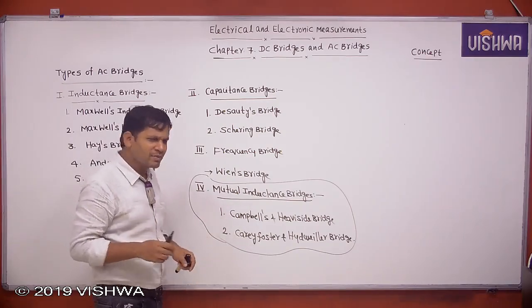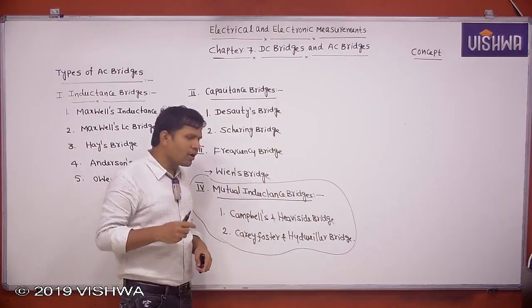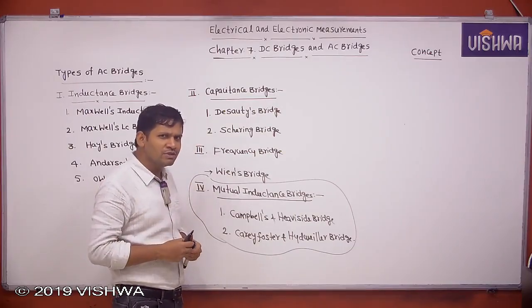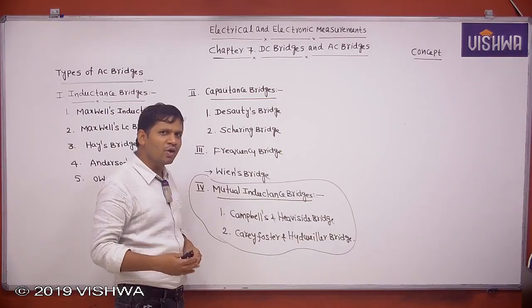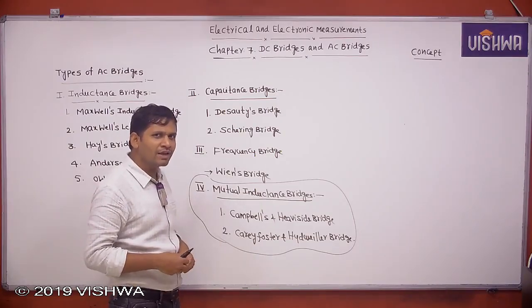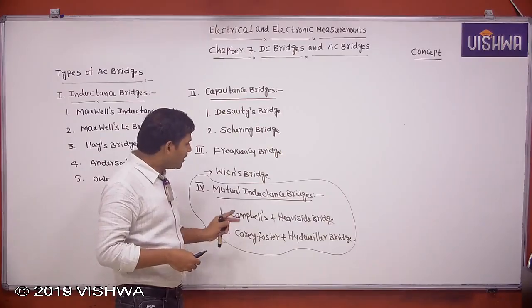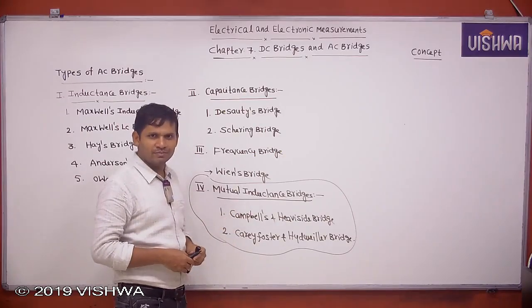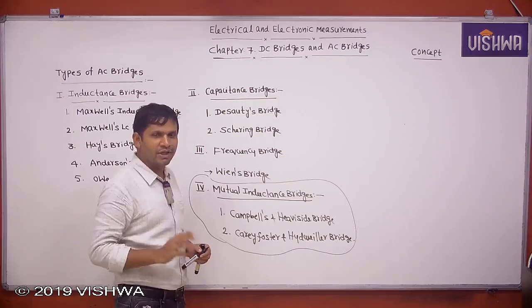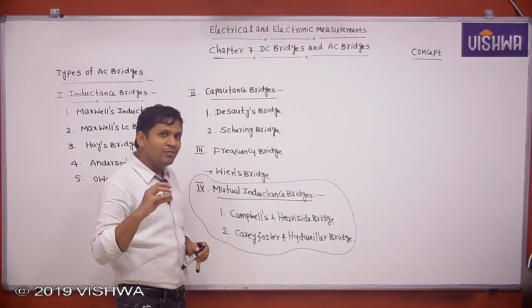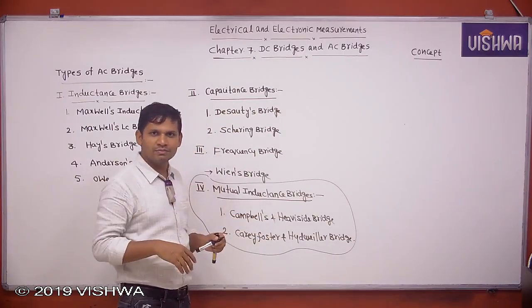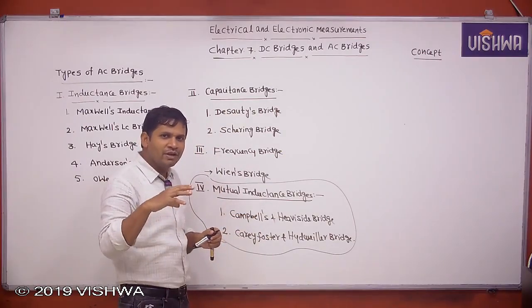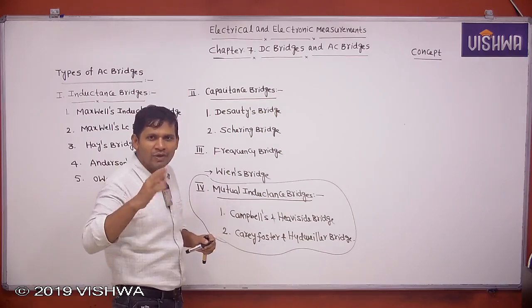But sometimes, if you see previous competitive exam questions, wherever the question is asked based on the mutual inductance bridge, like which of the following is a mutual inductance bridge, they give a combination of names only in the options. If every time they give like this, no need to remember even the mutual inductance bridge. The bridge which is given as a combination of names is a mutual inductance bridge.